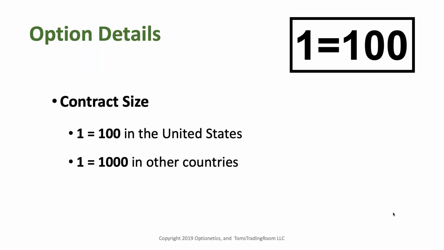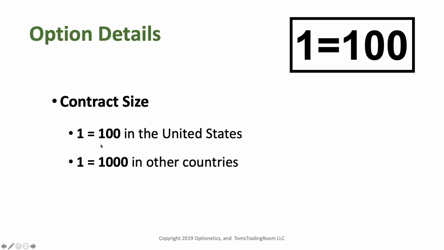Most countries have what's called the 1 to 100 contract size. It used to be just in the United States and a couple of other countries, but now it's mostly everywhere. There are a few countries that still have a contract size good for 1,000 shares of stock. But right now, everything I trade is 1 to 100.